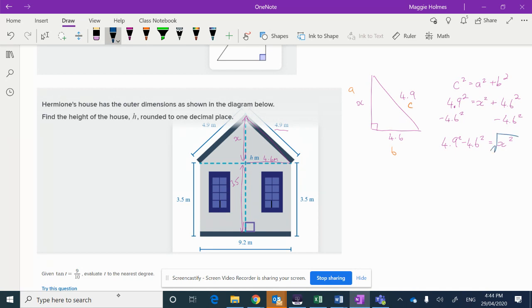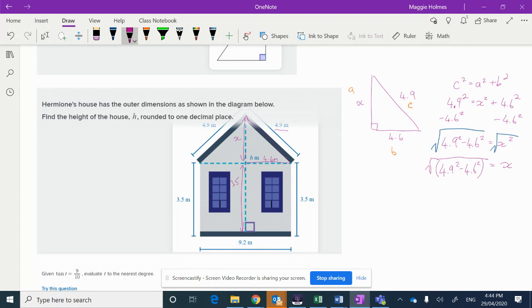So we wanted x. X is the square root of x squared. We're going to square root both sides, the whole thing. So what you're putting in your calculator to find x is, this is what you would type, square root bracket 4.9 squared minus 4.6 squared, close bracket, and that will make your square root do all of that.